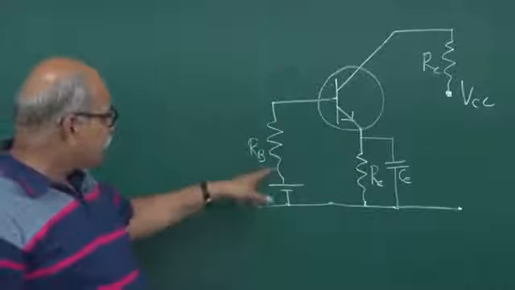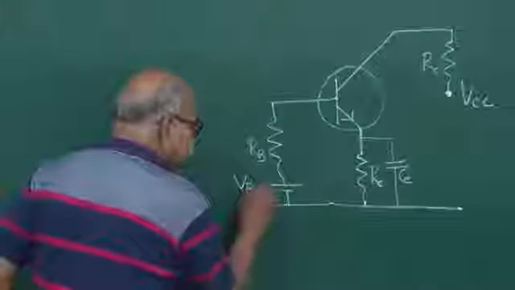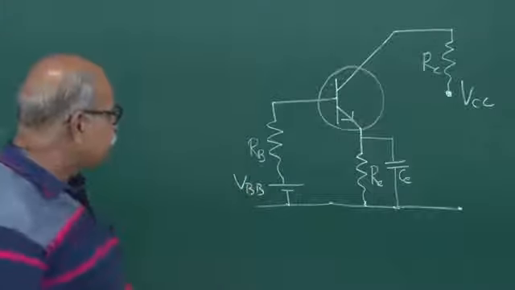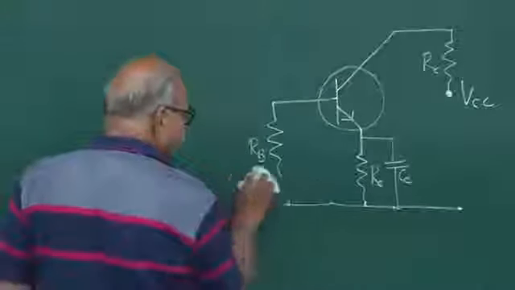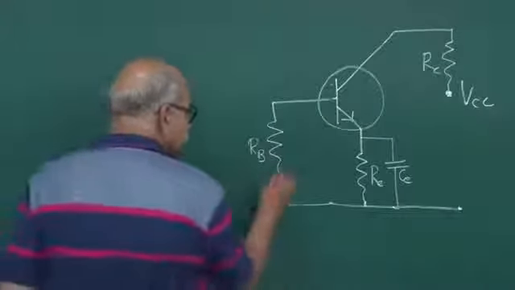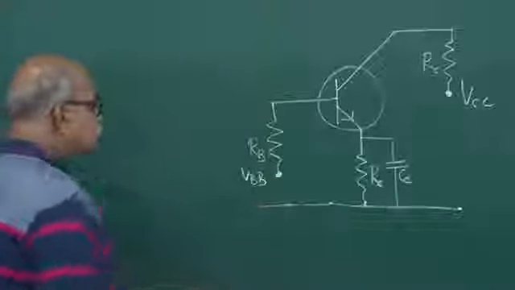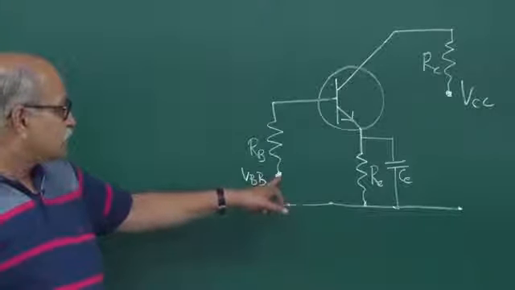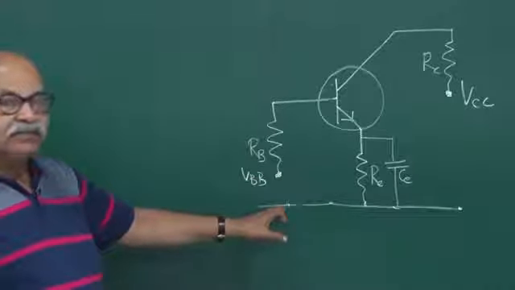This is how you can do many things. For example, this RB here, this is VBB, the base supply. Instead of writing in this fashion, you can just remove it and write that this is VBB. That means we know that there is some battery connected here and maintained at this potential with respect to this ground.